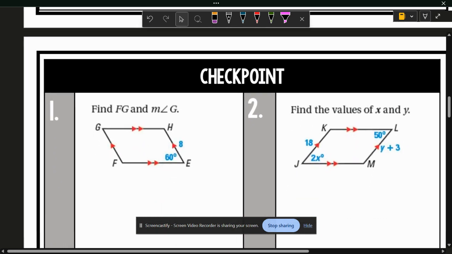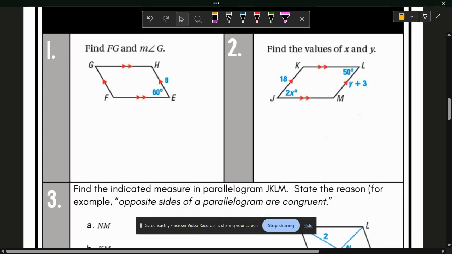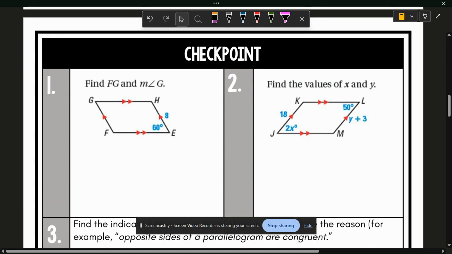Knowing this, we can go ahead and go to our first checkpoint here, which is a little bit of practice and pretty much the end of our notes for this first part. So finding FG and the measure of angle G, we have to look at what they are giving us. First off, they show us that these two sides are parallel.